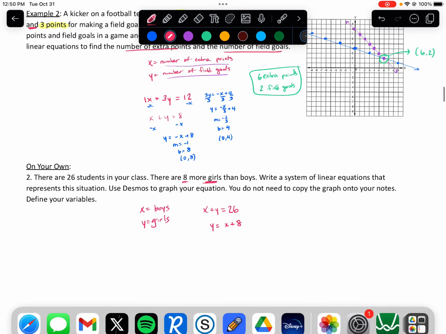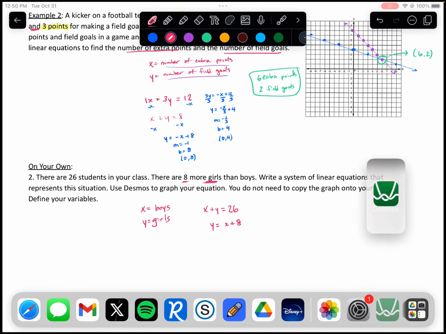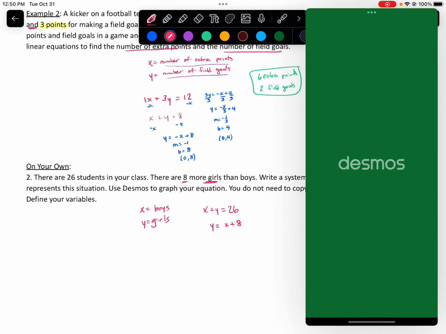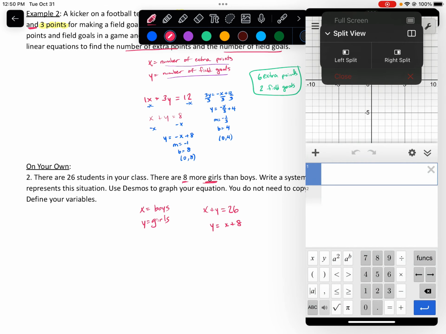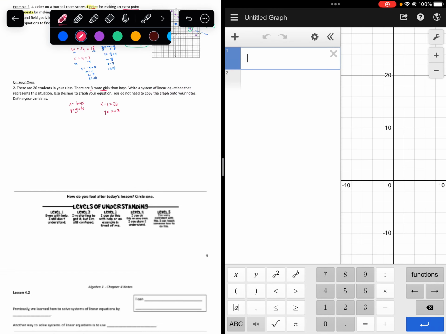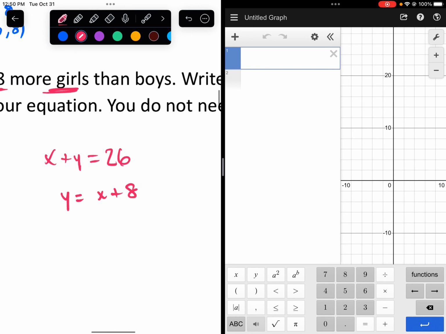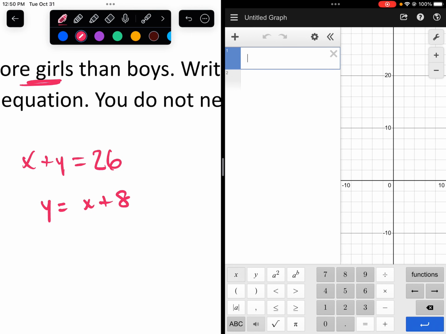Okay, and then from here it says to use Desmos. So here I am, I'm going to use Desmos. If you don't know what Desmos is, it is a really good graphing tool, and I'll show you what it is on the right side. So all you have to do from here is plug in these equations. You have x plus y equals 26.